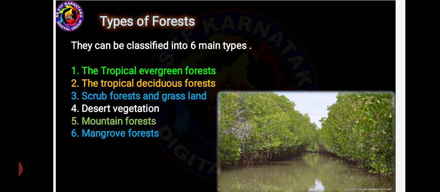The tropical evergreen forests. 2. The tropical deciduous forests. 3. The scrub forest or the bush and grasslands. 4. Desert vegetation. 5. Mountain forests. And the last one, 6th, the mangrove forests.